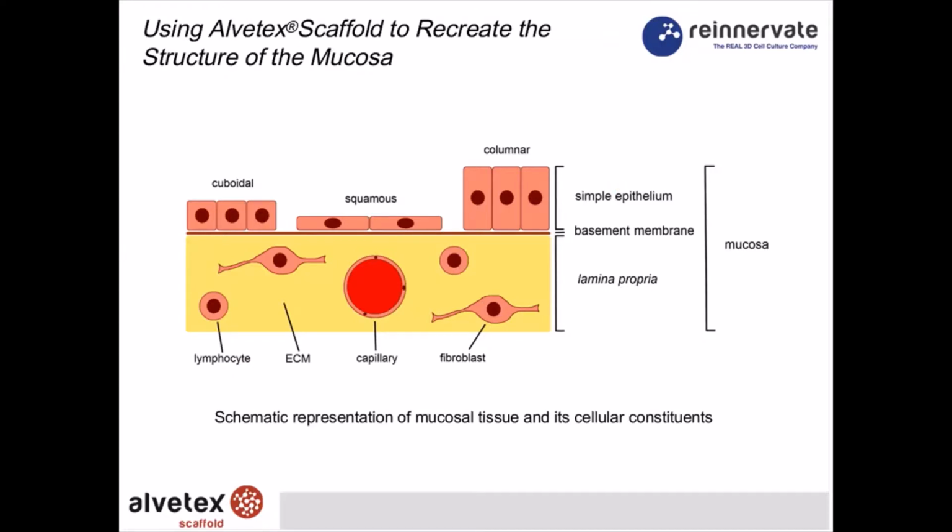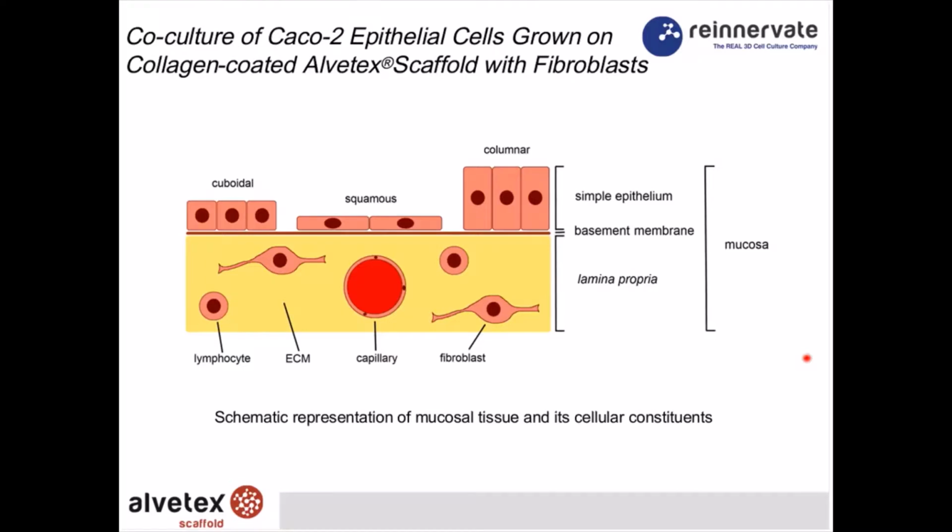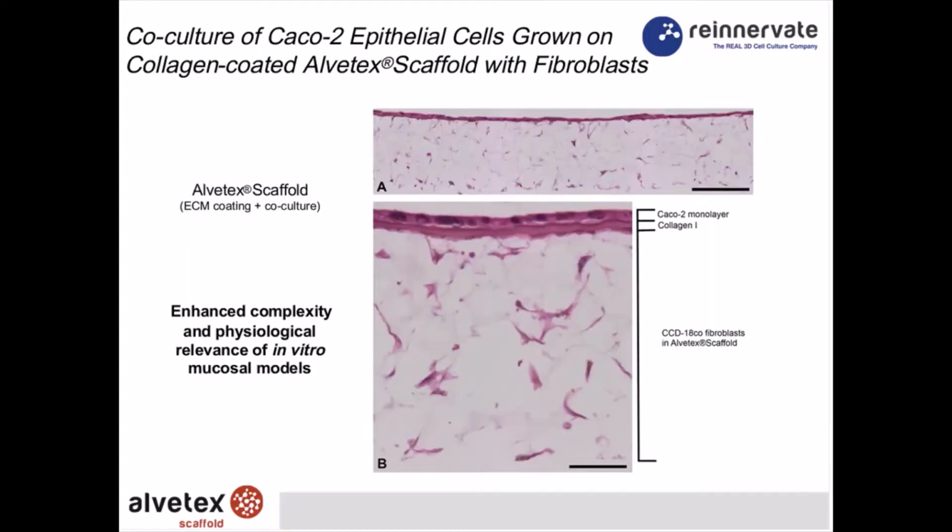This is obviously a schematic, but we've done this with fibroblasts and CACO2 cells once again. So here are the CACO2 cells on the surface, resting on top of, in this case, a collagen 1 layer, and here we have fibroblasts. And these are fibroblasts derived from the large gut, the colon.